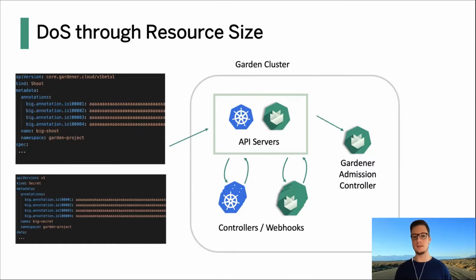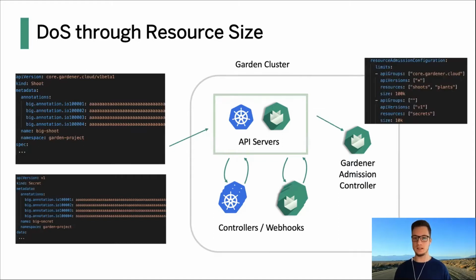This Gardener Admission Controller is a validating webhook configuration. So it has an endpoint to validate the incoming requests when it comes to their size. It has a configuration, which is landscape or use case dependent. So you can configure these values yourself.